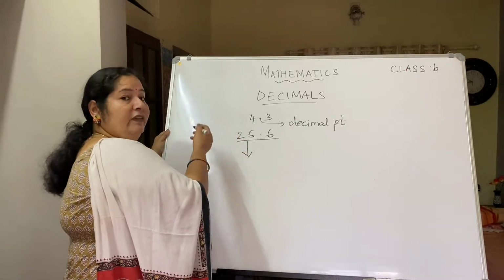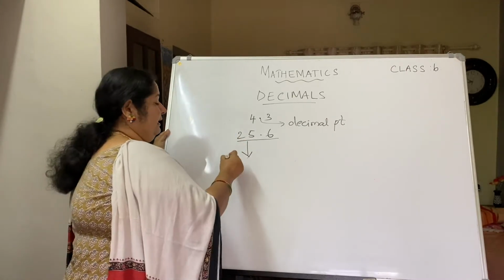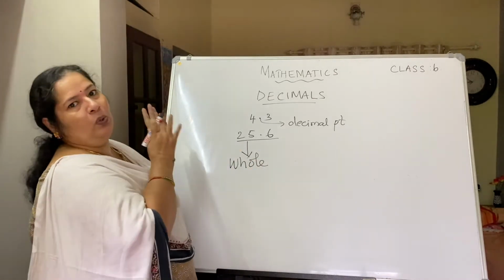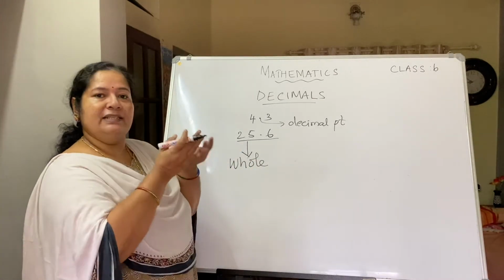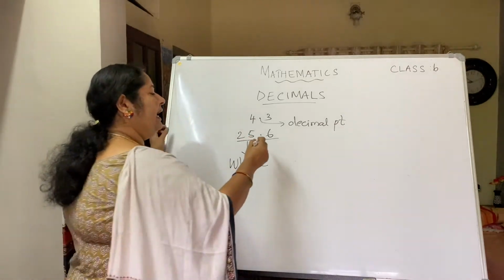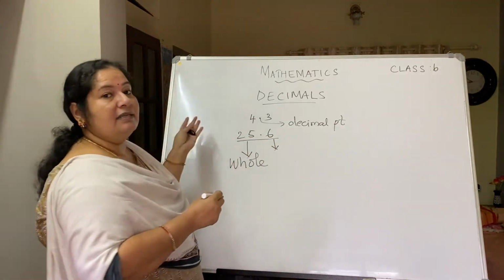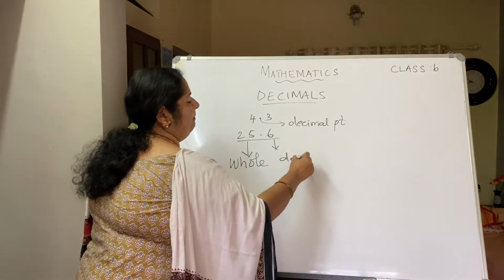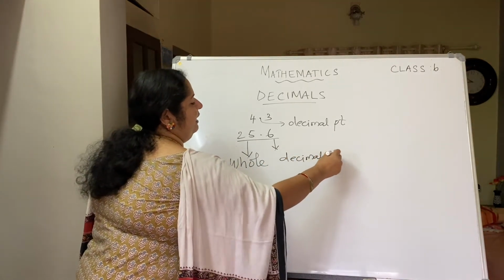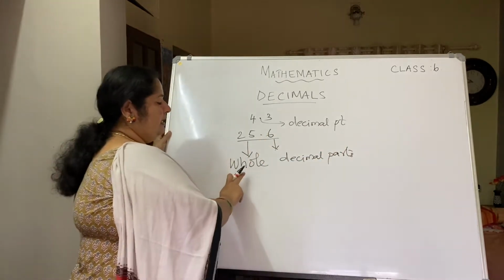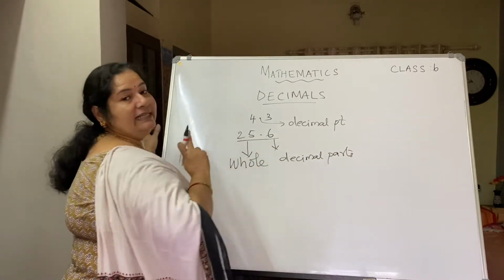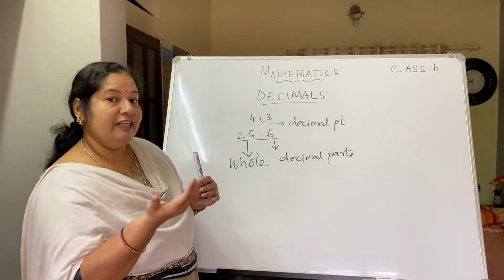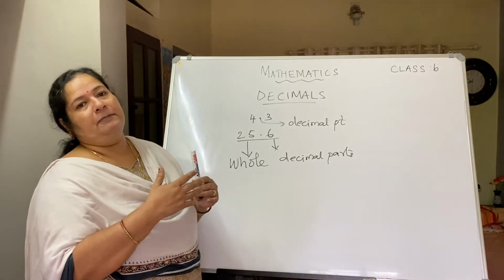Before the decimal point, whatever is coming represents the whole number part. This is a whole, 25. Yes, it is full, 25. And whatever comes after the decimal point, we call the decimal part. So you have two parts for a decimal, the whole number part and the decimal part. The decimal part comes after the decimal point.